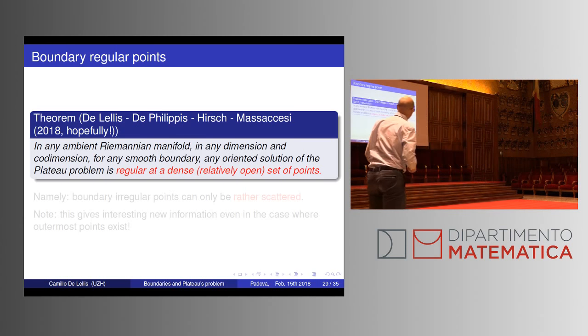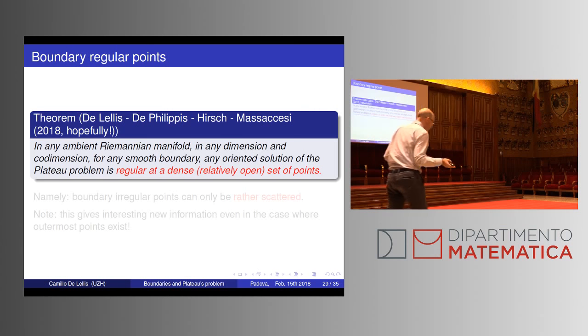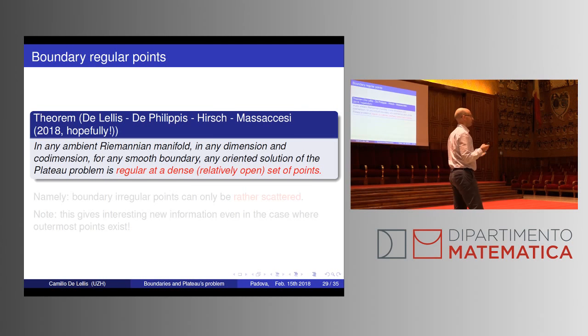But it's all written, we are proofreading it, and it actually proves the following. In any situation, in any ambient geometry, for any dimension and codimension, the regular points at the boundary are dense. It's a dense, relatively open set. That's what we would say in mathematics.